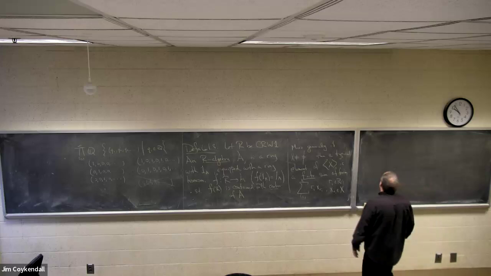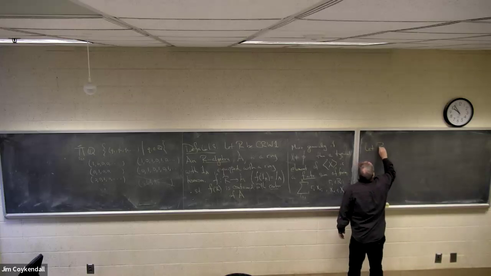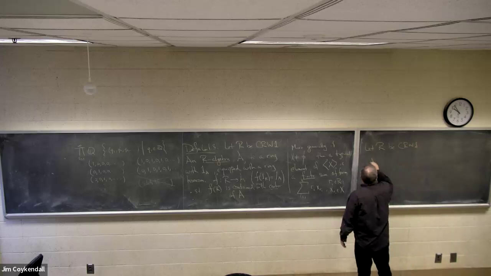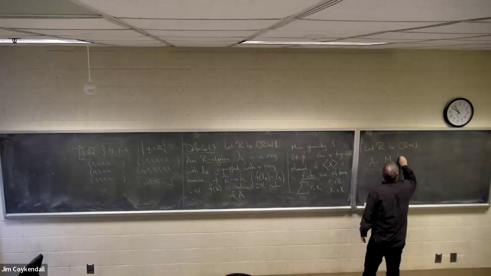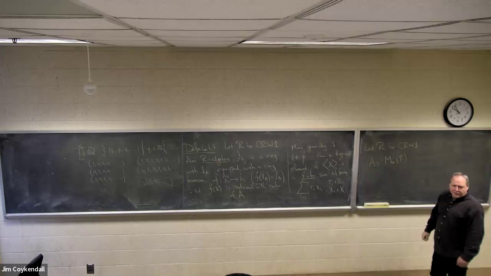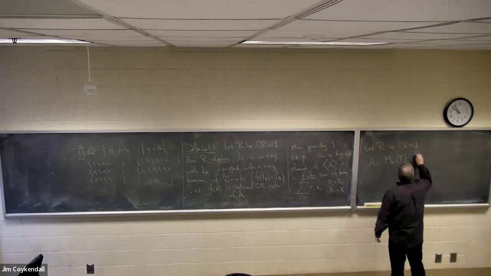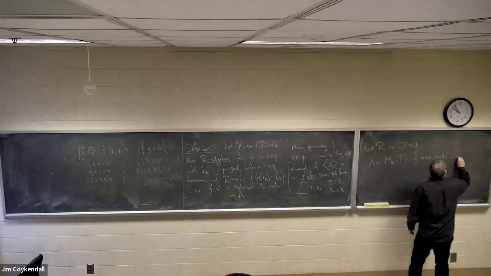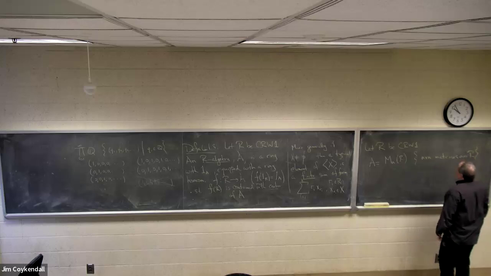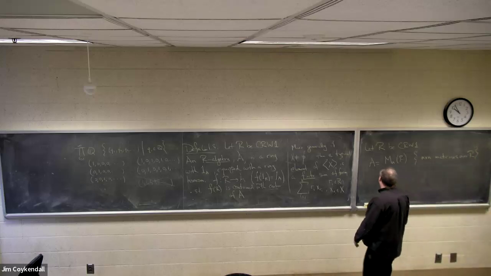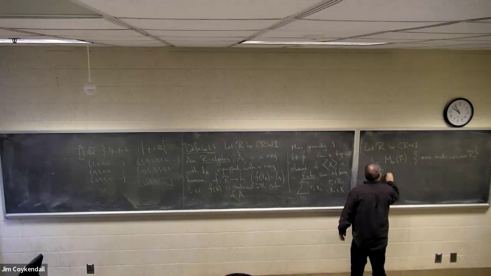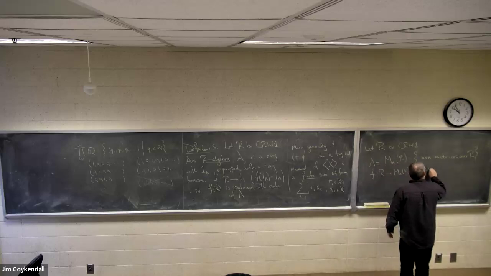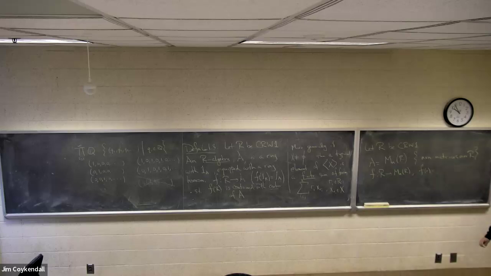But here's another one. Let R be commutative with identity, any one you like, and let A equal the n by n matrices over R. And my homomorphism, where do you suppose this goes?